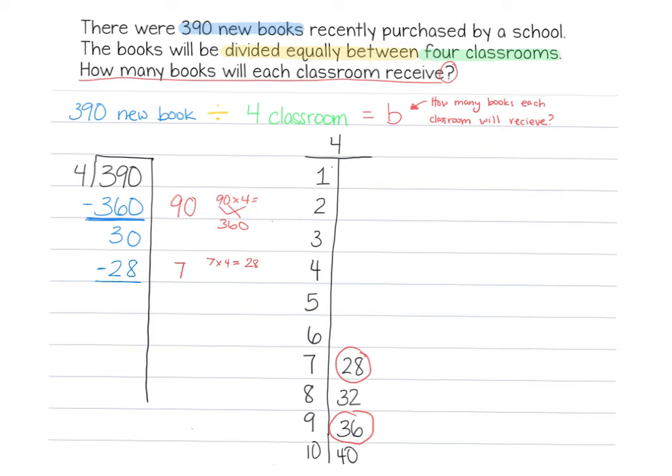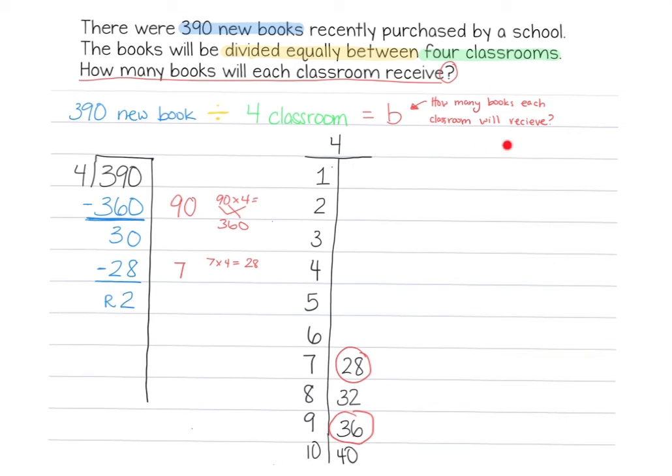Okay, and we're going to say how many are left. There are 2 books left. Because 2 is smaller than 4, we are going to say, okay, that means that there is a remainder. Awesome.